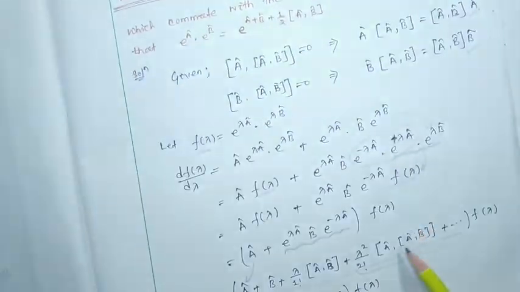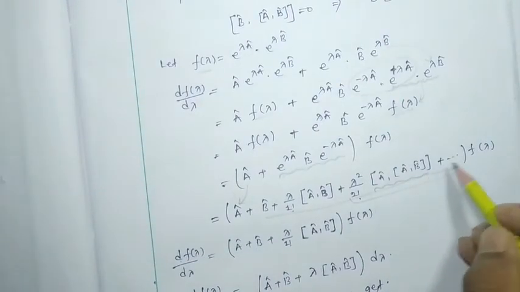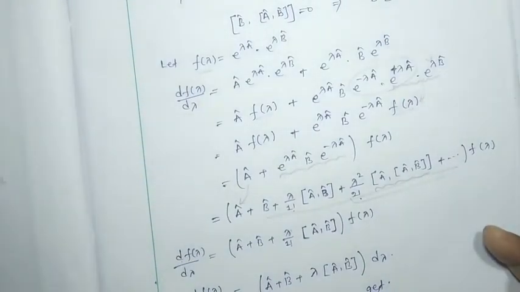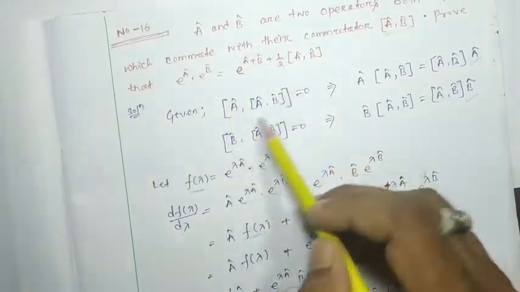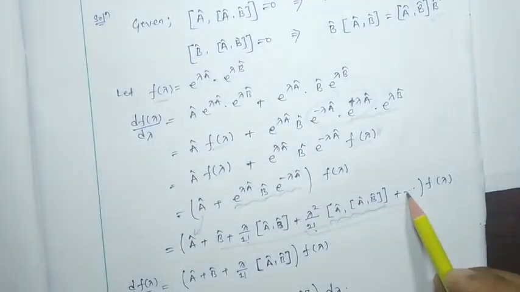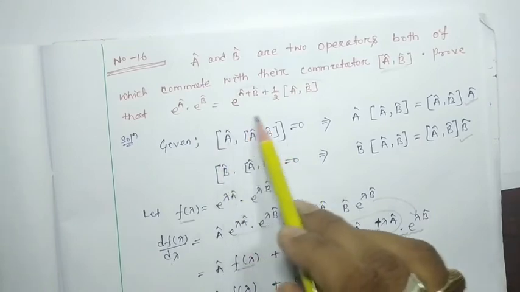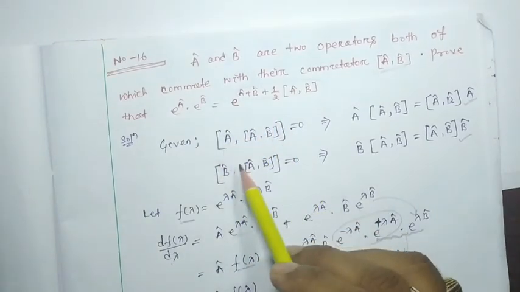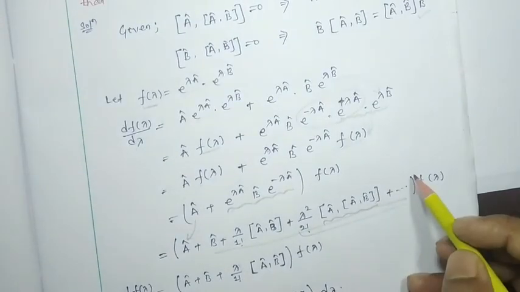So this term will be 0. Similarly, the higher order terms will contain this type of commutator terms, so these terms are going to be cancelled out.